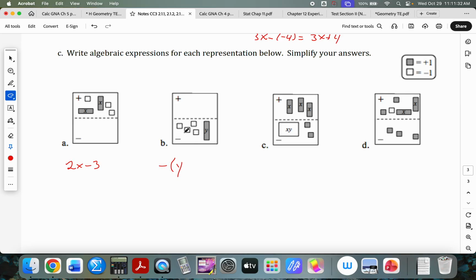And these 4 unit tiles, are they positive or negative? Negative. But let's simplify that. That would be the same thing as, if I brought the y tile to the top, it would be negative y. And if I brought the 4 negative unit tiles to the top, it would be plus 4.